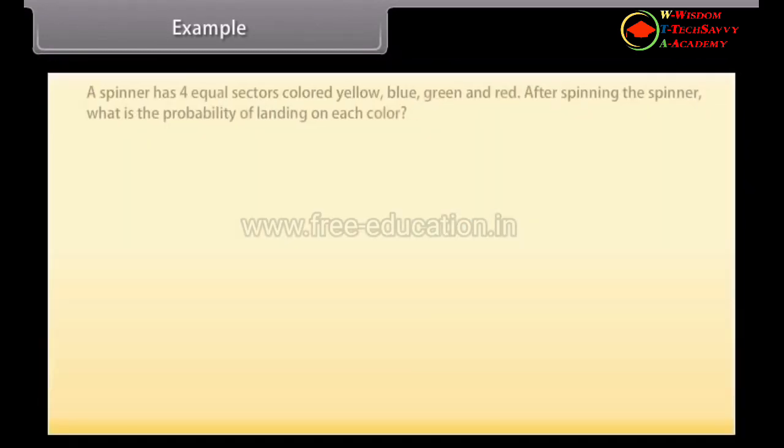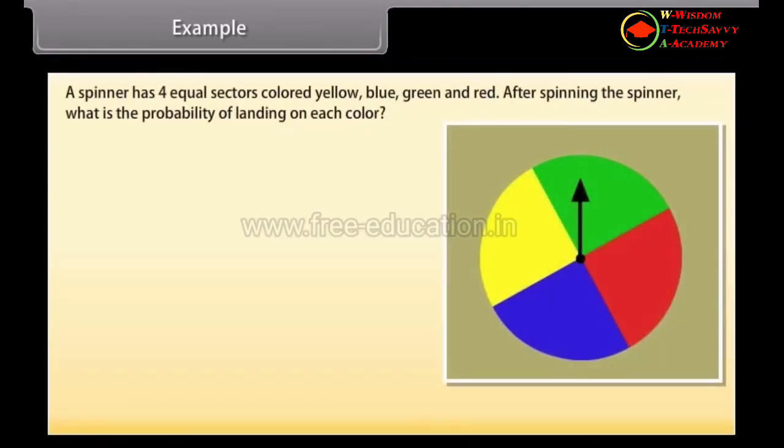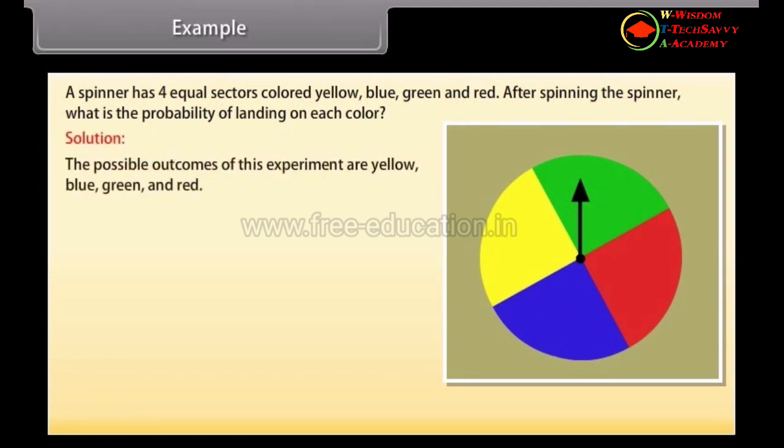Example: a spinner has 4 equal sectors colored yellow, blue, green and red. After spinning the spinner, what is the probability of landing on each color? Solution: the possible outcomes of this experiment are yellow, blue, green and red. Now let's find the probabilities.